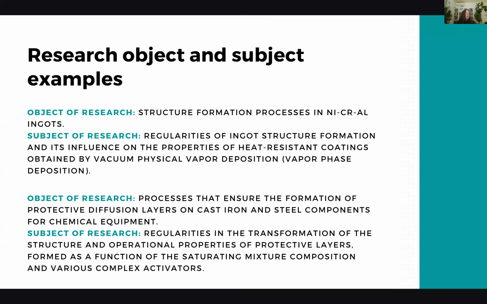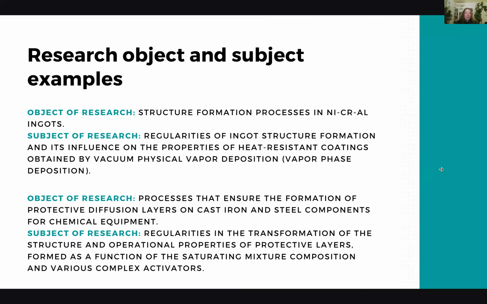You could change the design of the part to make it stronger. That would be the third subject. So within one object, there can be many subjects. Your goal is to find the one that you are interested in and build your research project around it. Hopefully you understand what I mean.